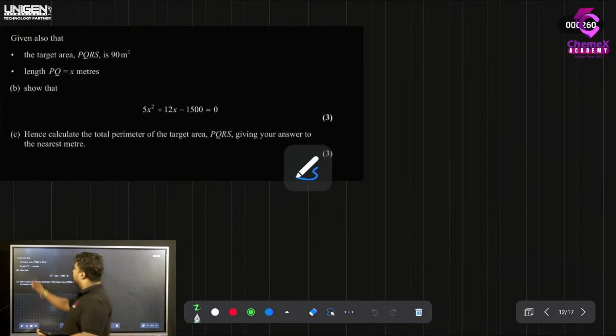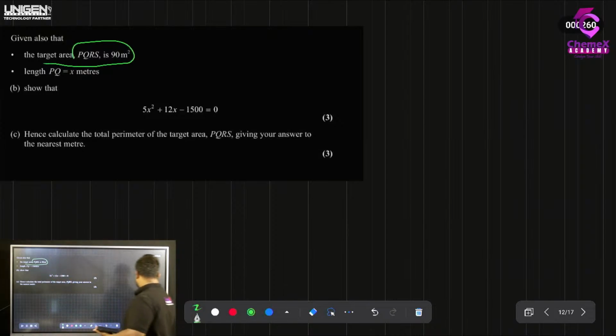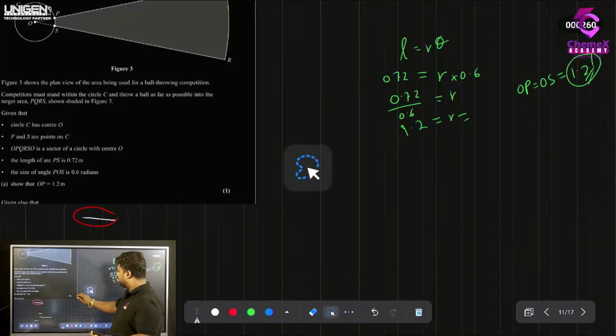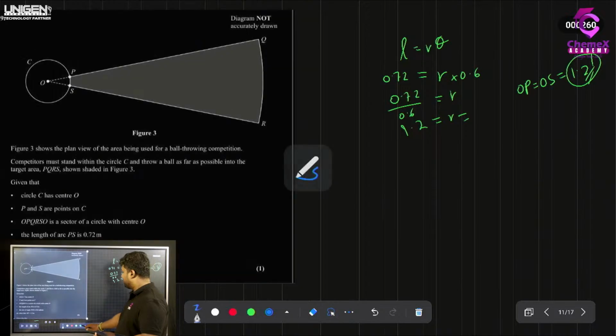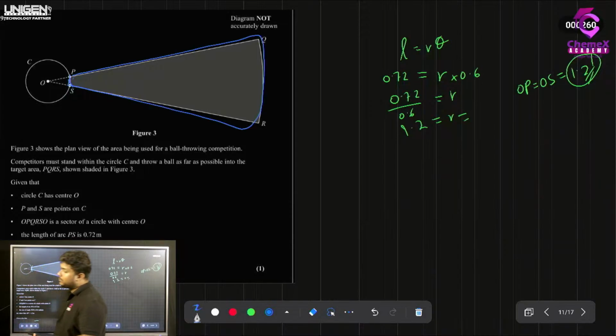Okay. The target area PQRS is 90. Referring to the previous question, what is PQRS? What is PQRS? PQRS is actually this shaded region. You know how to find the sector area.